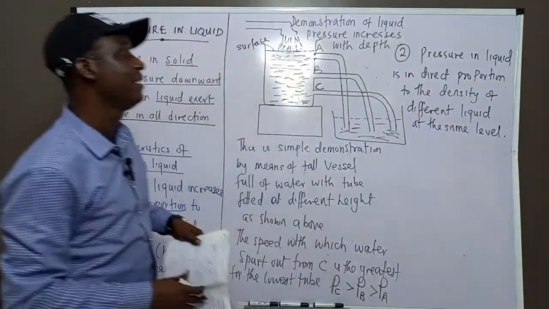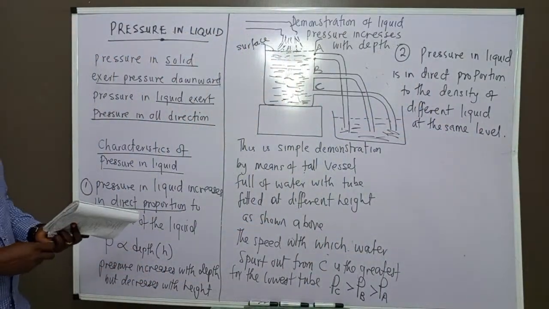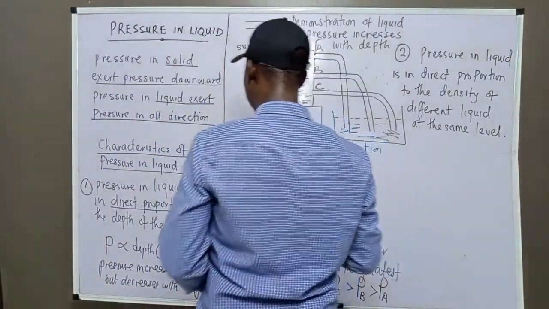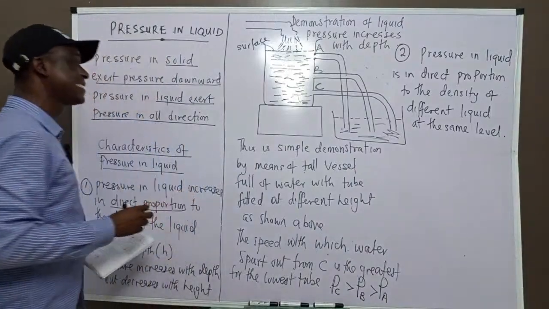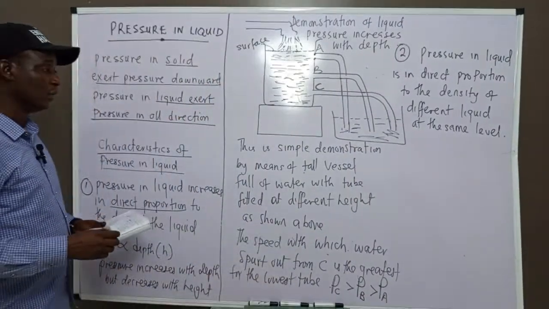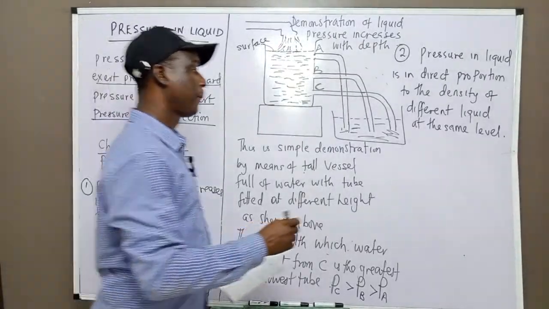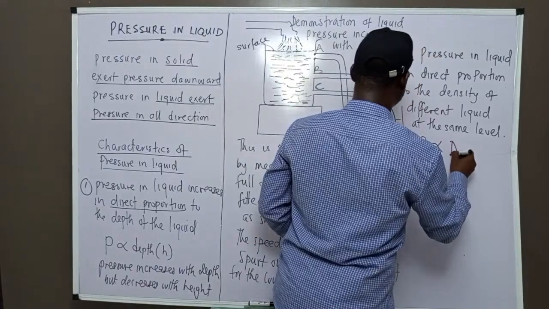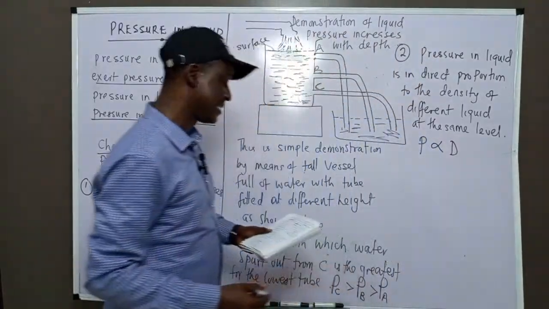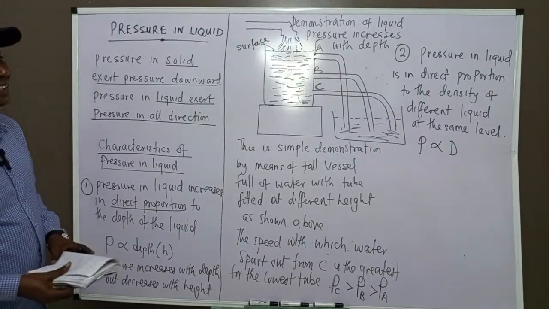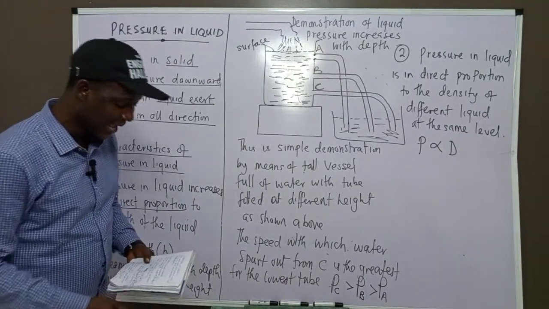That is to say, pressure in liquid is in direct proportion to the density of different liquids at the same level. That is to say, pressure is proportional to density. So the higher the density of a liquid, the higher the pressure.